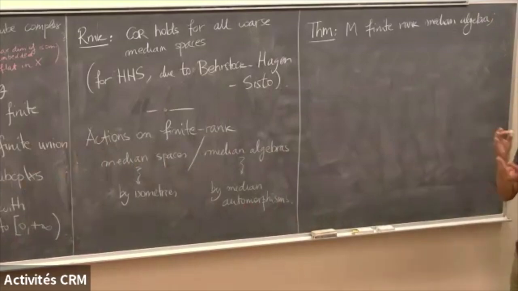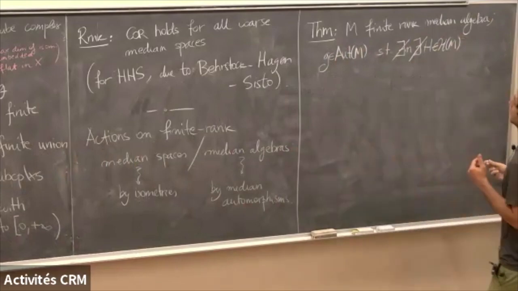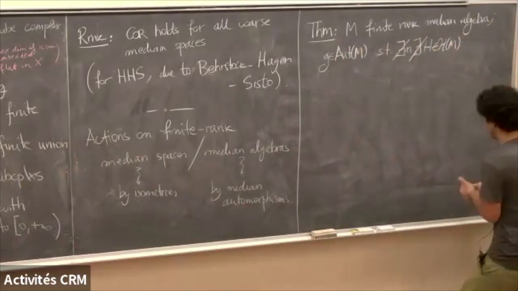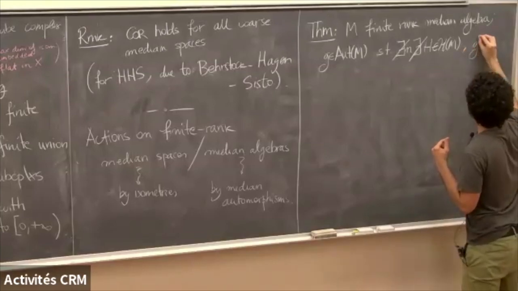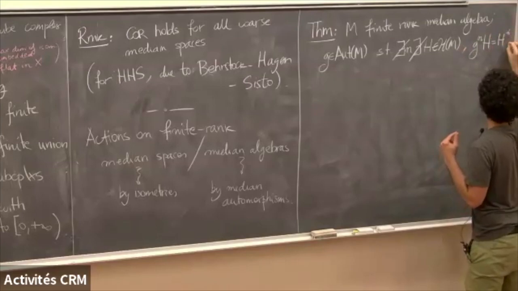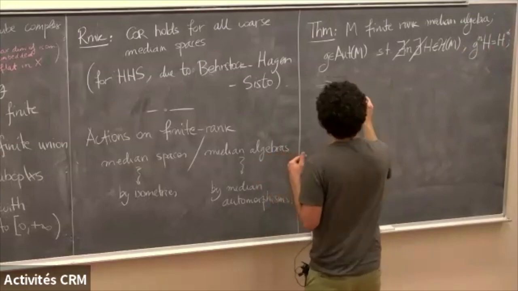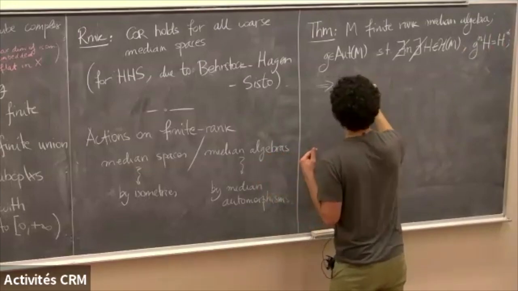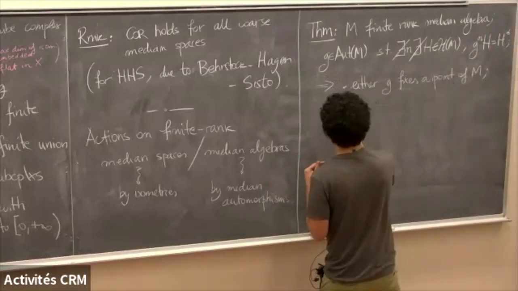It doesn't split any half spaces. So there isn't a power of g and a half space such that this power of g takes the half space to its complement. Then either g fixes a point, or g admits an axis.